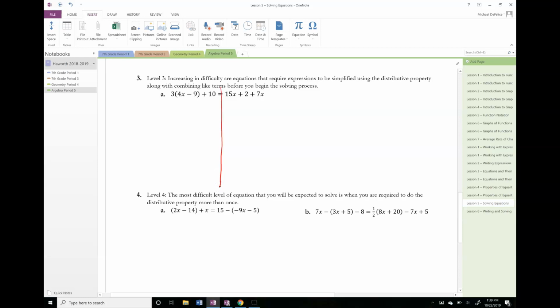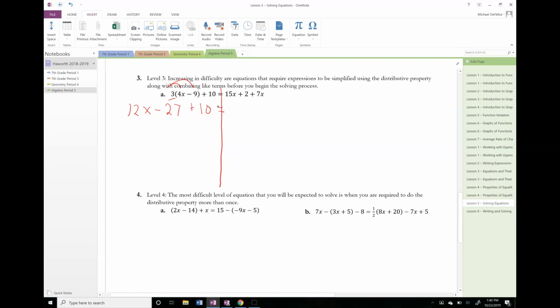So in this first equation, the left-hand side, I see that expression contains parentheses, which tells me that I likely need to distribute. So I'm going to distribute the 3 to each term on the inside. That's going to be 12x minus 27 plus 10.